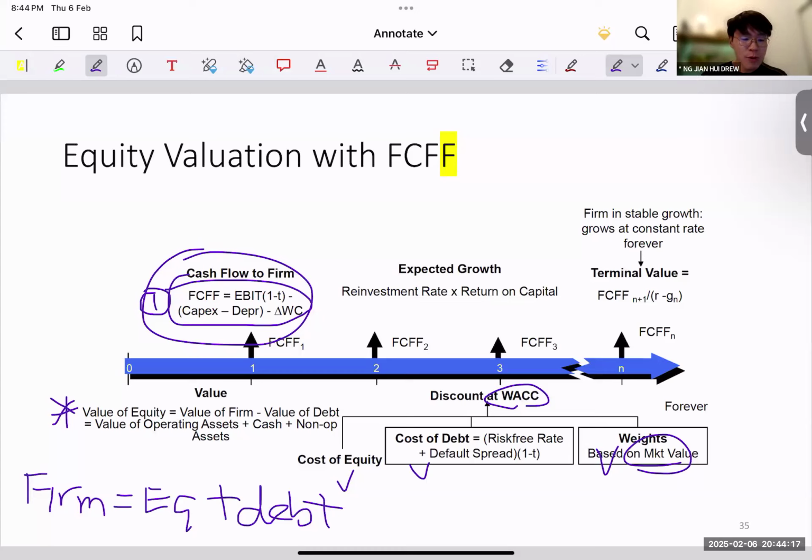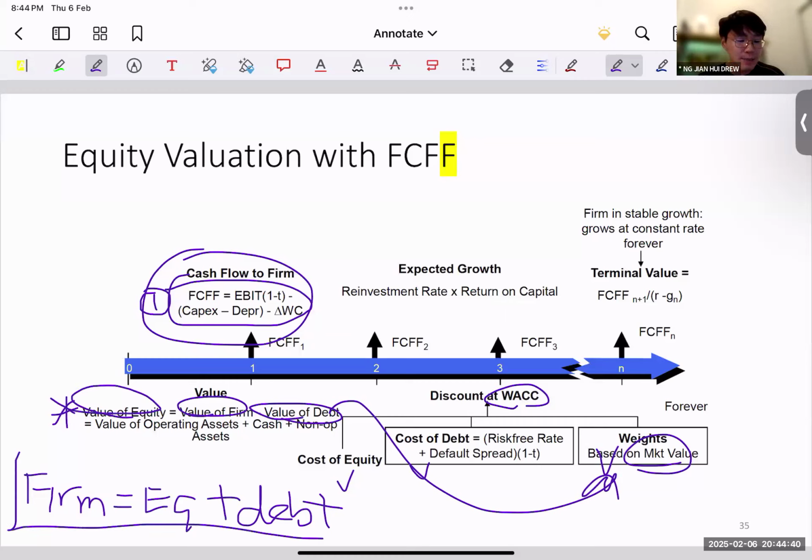So in a situation where you calculated the value of the firm, and the question has the value of the debt, especially because you use the value of the debt in your market weight, then from there you can actually determine the value of your equity. So you just take value of firm minus value of debt equals value of equity. And so this uses the basic form of firm equals equity plus debt.